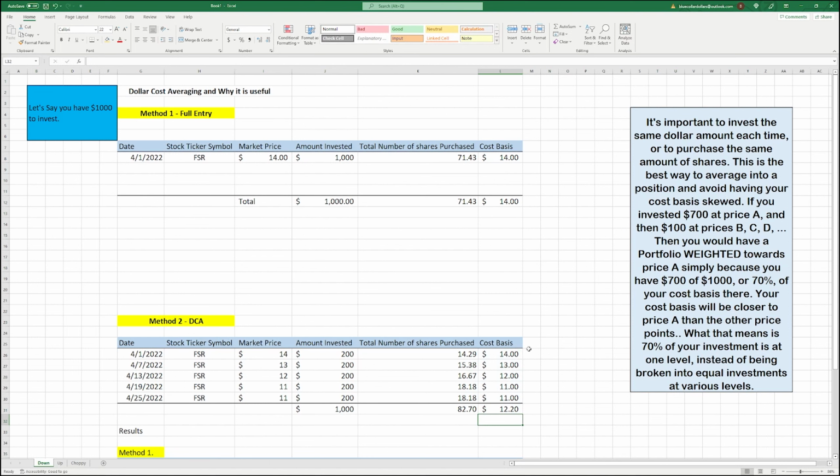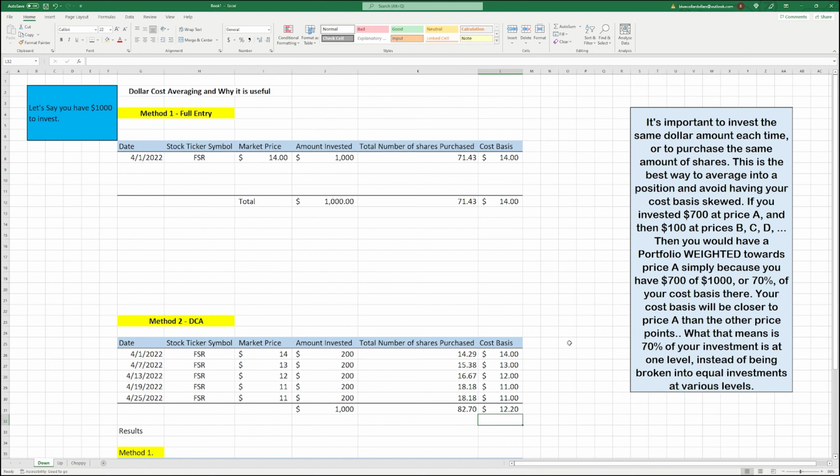What if I bought some at this point and then this? Well, that's why you invest an equal amount of money, right? If you were to invest a different amount of money, let's say $50 here, $100 there, and just buying various share sizes, you're not going to end up with an equally weighted portfolio.